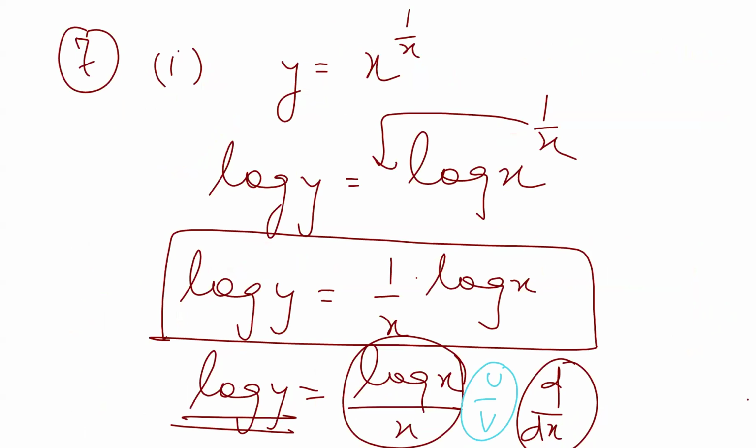Let me know once you're done. Okay, so let's go to question number 19. y is equal to e raised to x minus y.